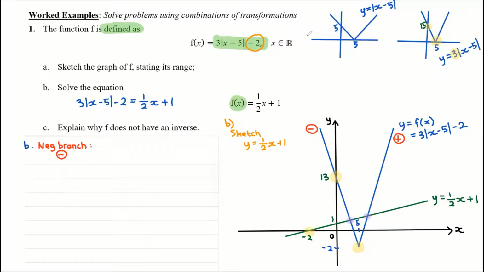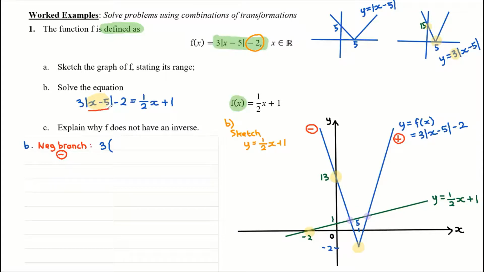For the negative branch, we can replace the modulus provided we take the negative version of everything that's inside the modulus, because obviously the modulus makes everything positive. So if all that was negative, it would be made positive by the modulus function. So the negative branch must be the negative version of everything that is inside that modulus function.